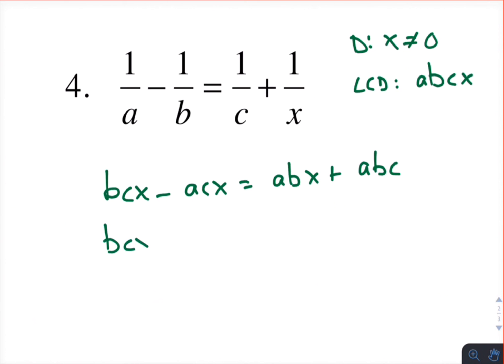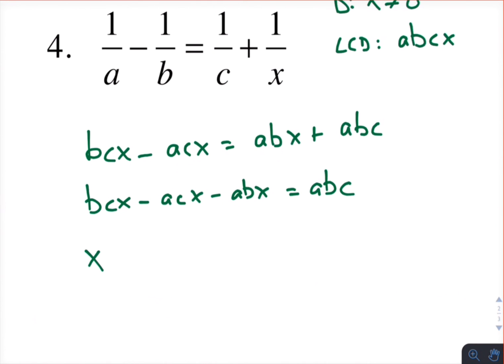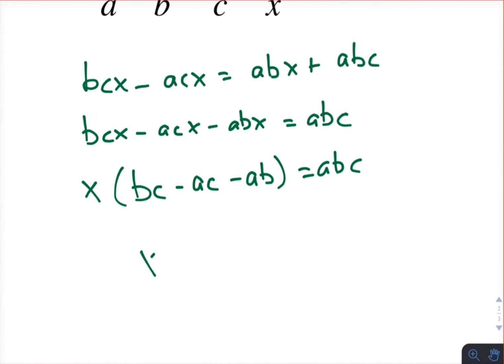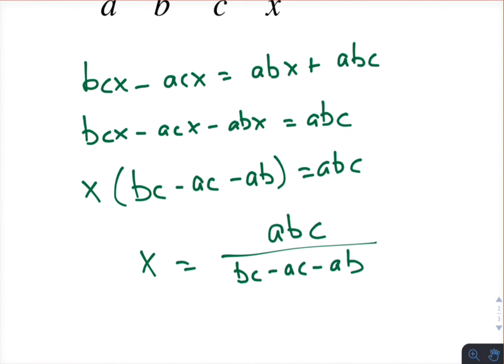So bcx minus acx minus abx equals abc. Factor out the x, and then divide. And there we have it.